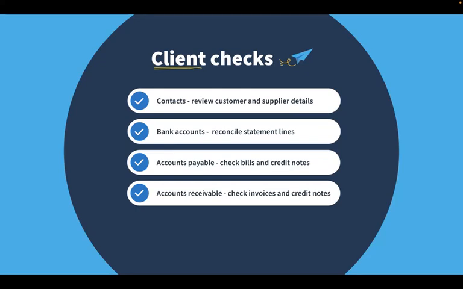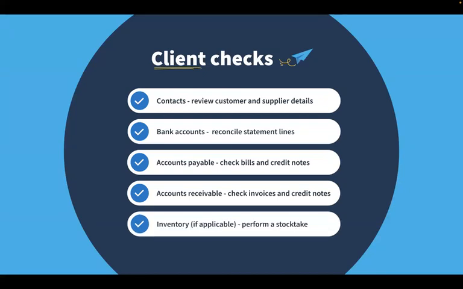With those two reports, we do recommend running the aged receivables and the aged payables report, and you can review the amounts owed and chase up anything outstanding. So we will take a look at both of those reports when we're in reports a little bit later on. And then lastly, this might not apply to all your clients, but performing a stock take, and then they can adjust the inventory items as normal.